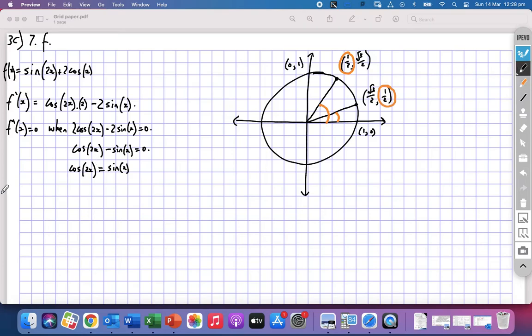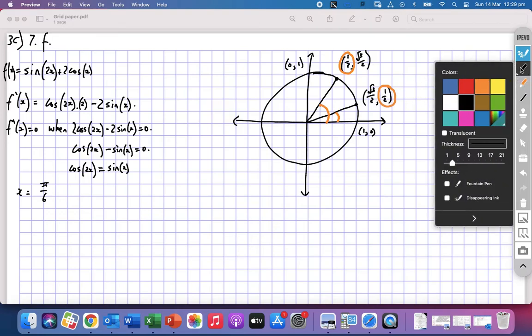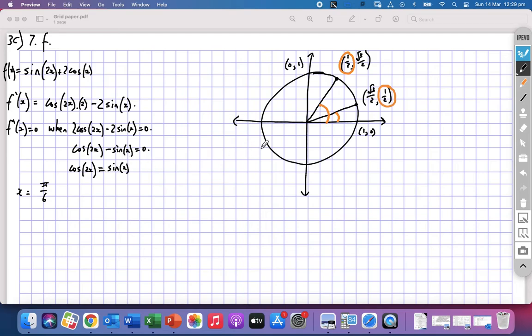See where I'm going? So x could equal pi on 6. That fits this criteria. It provides us with a stationary point. Now, I haven't done anything too fancy there. I'm just inspecting the unit circle.